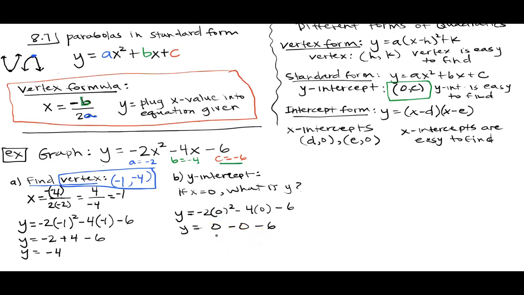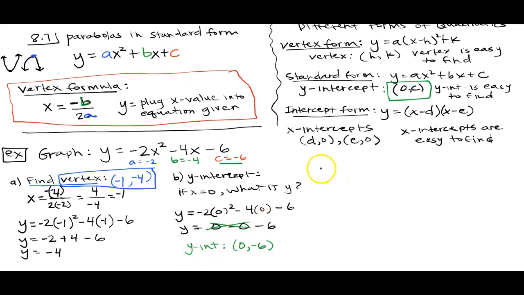But our answer for this is going to be, so our y-intercept is going to be 0 comma what? -6. Yeah. So when x is 0, y is -6. And that's what we found here, because those zeros don't really matter. And that one is my y-intercept.